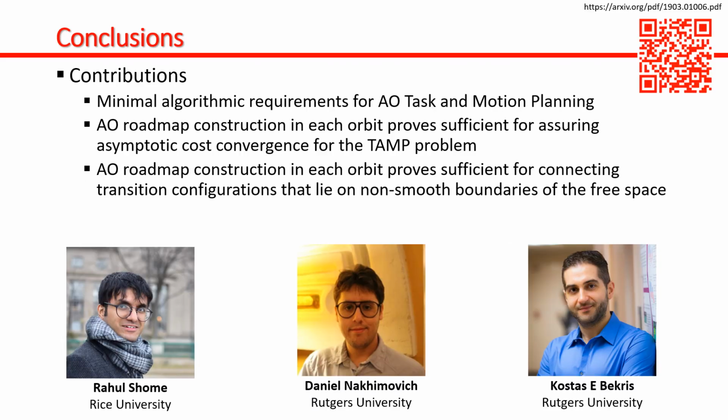To conclude, I would like to reiterate our contributions. In this work, we have shown that when you're designing a task and motion planning algorithm, as long as you can guarantee that you're building a search tree that asymptotically explores all possible orbits and transitions, and within each such orbit it constructs an asymptotically optimal roadmap, then you're guaranteed to be asymptotically optimal in task and motion planning.